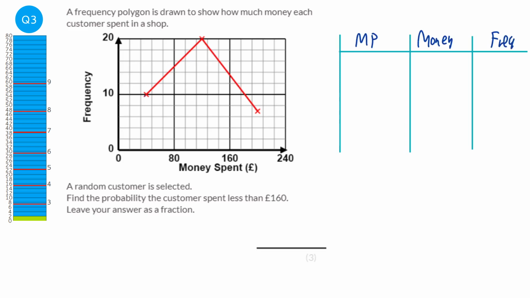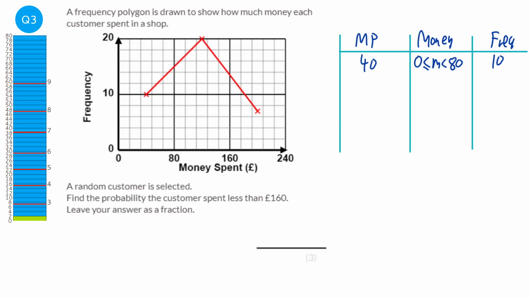So the first midpoint is at 40. And we can see here that that was in this group here. So that is 0, and I'm just going to use M for money, 0 to 80. And the frequency is how high it is, which is 10.